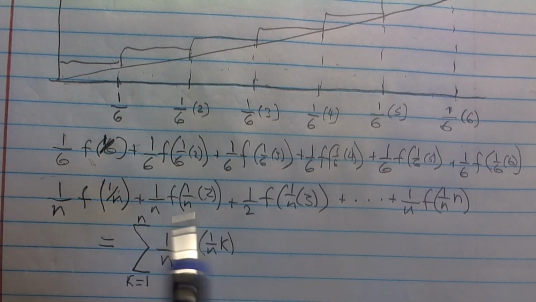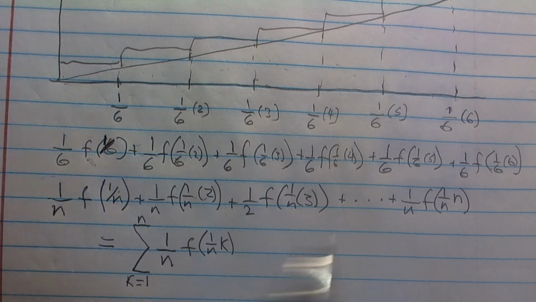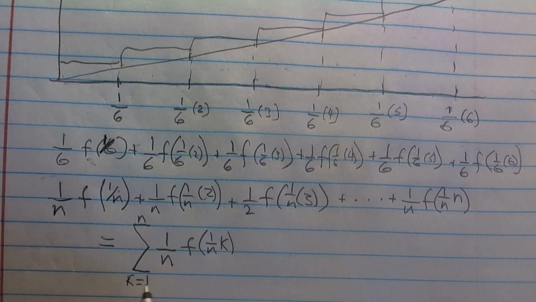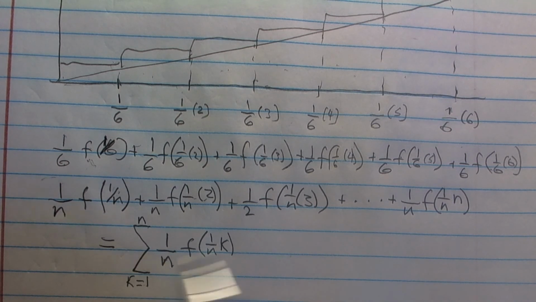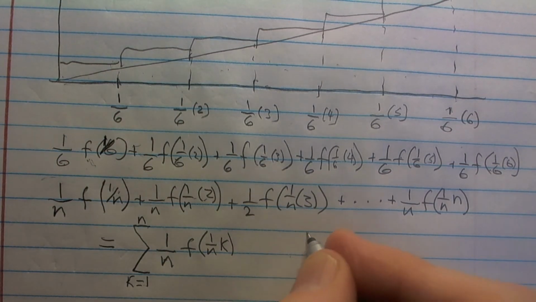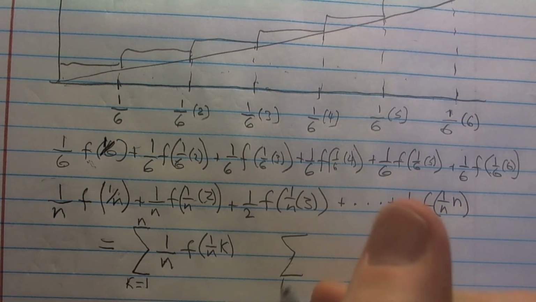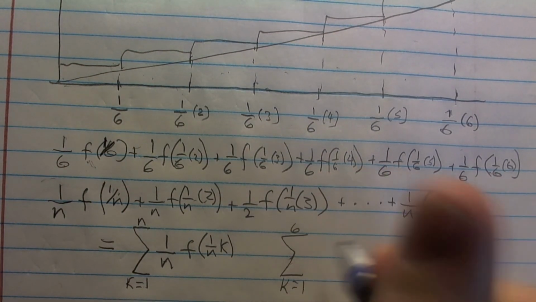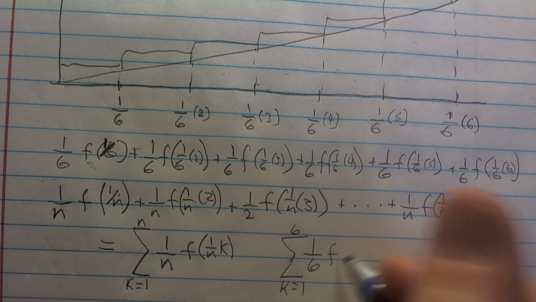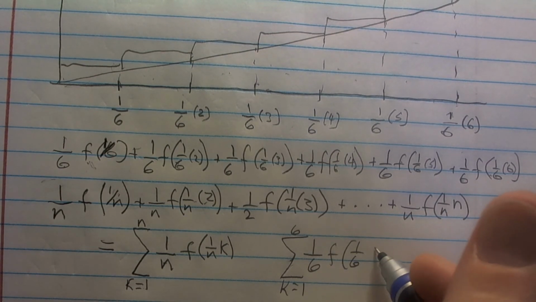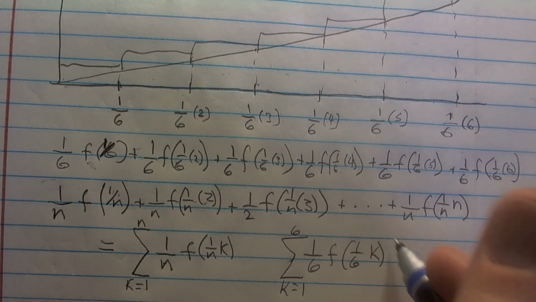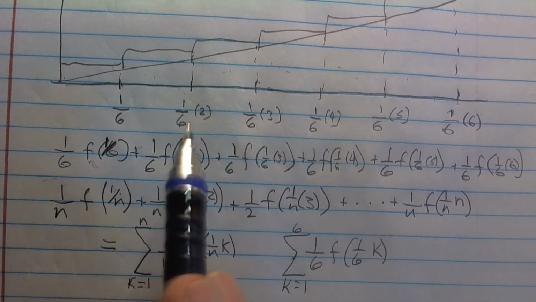Notice if n is 6, like it was up here, let's see what happens. If n is 6, we put in a 6 here. So if n is 6, here's what we have. We have k equals 1 to 6, 1/6 f of 1/6 times k. There's what we have for this original one.